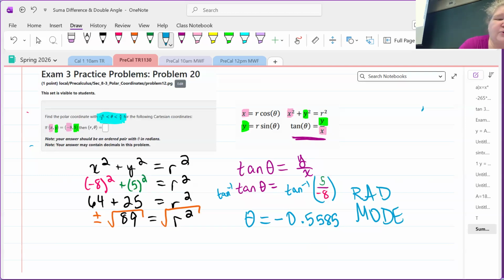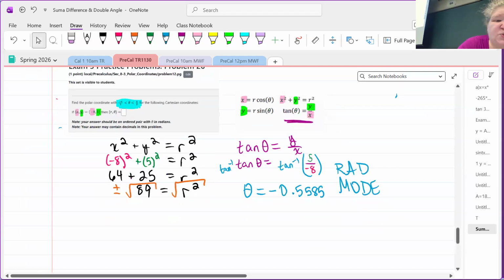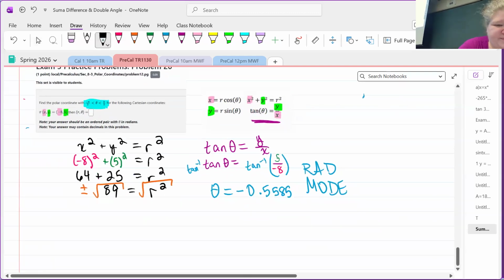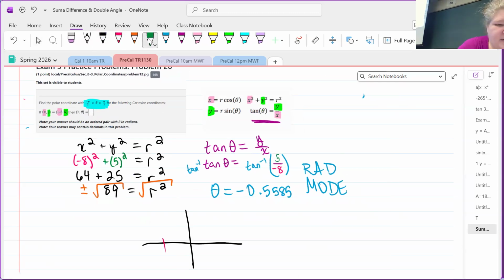So this is the only angle I can use that fits the description. So I have to figure out, do I want the positive radius or the negative radius? And this is where plotting the point comes in. So my point is -8, +5. That is in quadrant 2.